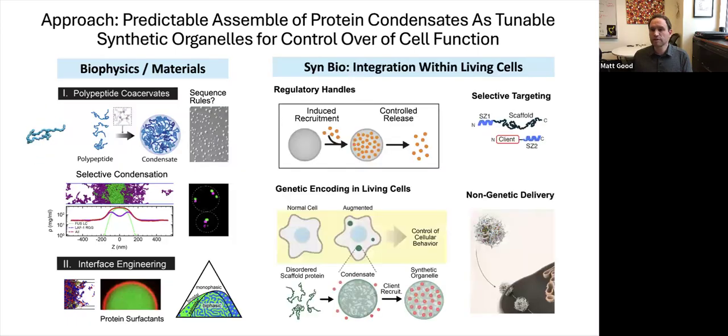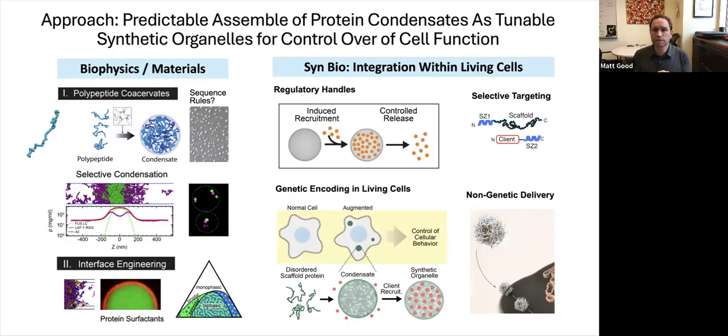On the other side, we've really been focused on more traditional synthetic biology and how to integrate these compartments, these condensates, as protein switches, as a way to control cell functionality.